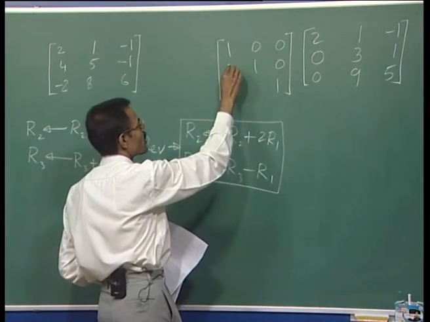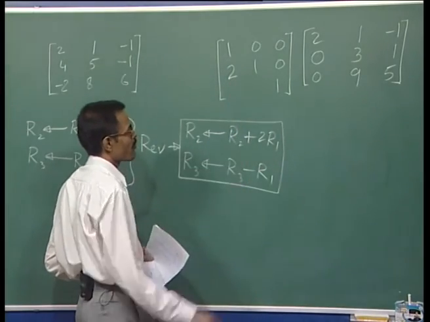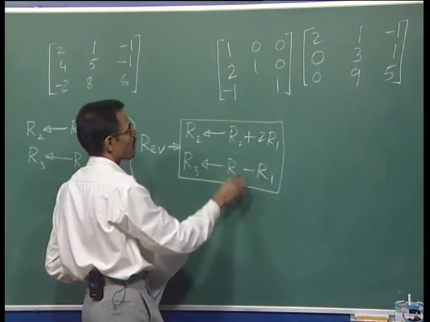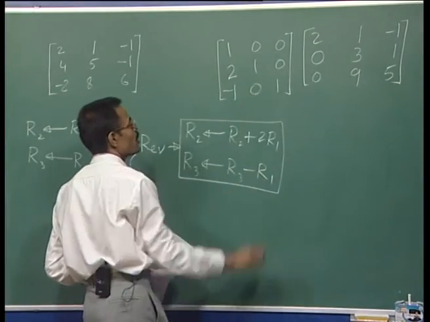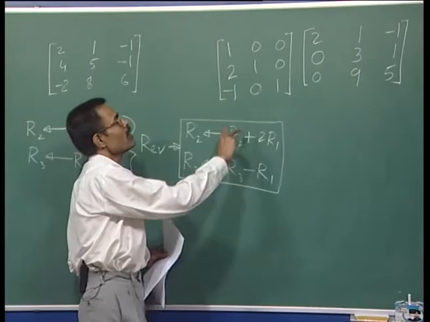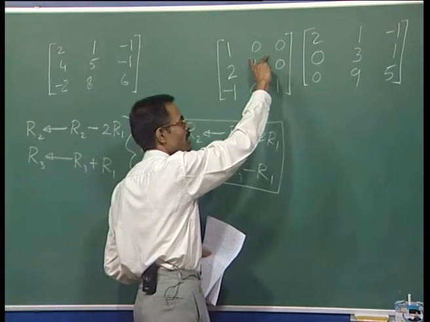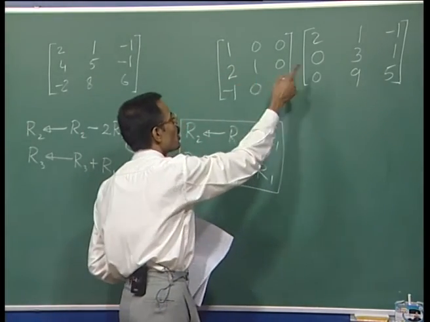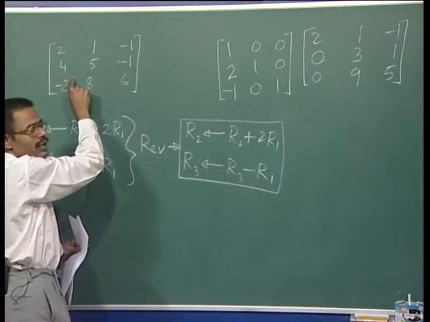That means, we will get 2 here and minus 1 here, right. So, that means, through these elementary row operations or through pre-multiplication with this elementary matrix equivalently, we will be able to regain the original matrix.